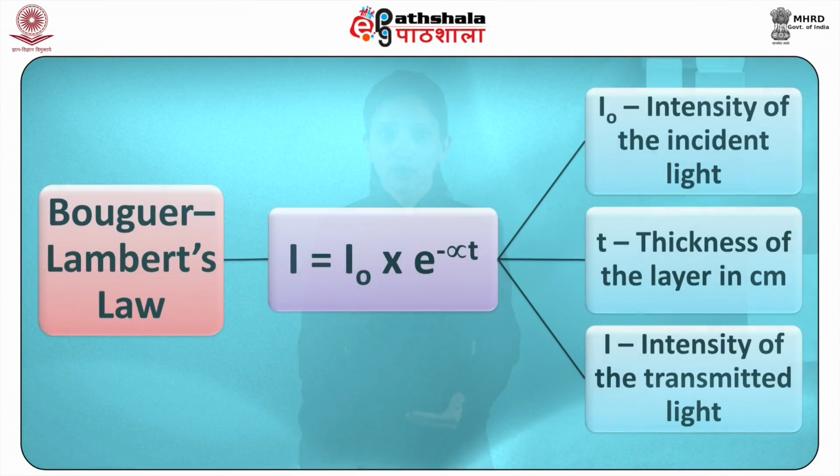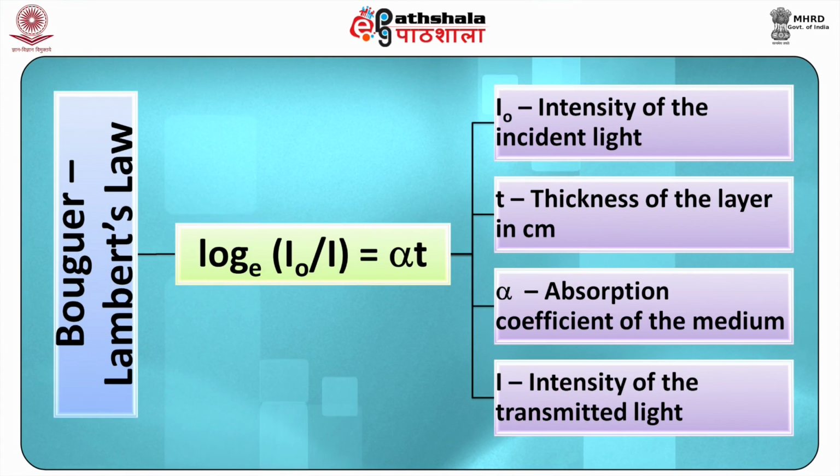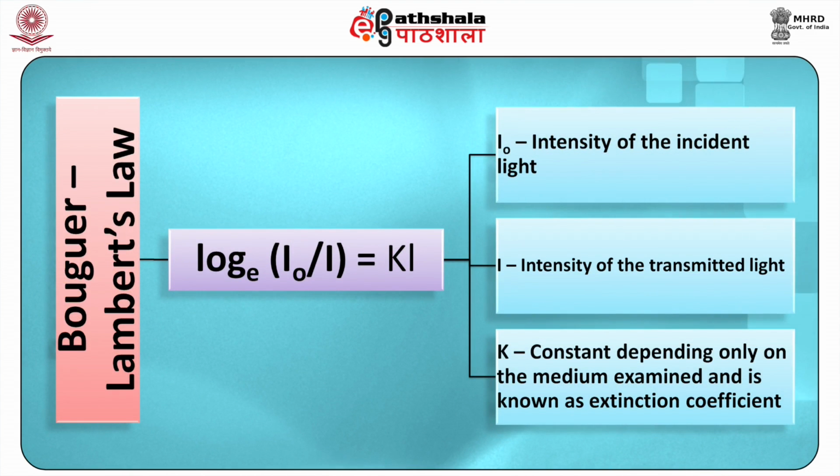This can be expressed mathematically as log of I0 by I equals Kt, where I0 is the intensity of the incident light, I is the intensity of the transmitted light, t is the thickness of the layer in centimeters, alpha is the absorption coefficient of the medium, and K is a constant depending only on the medium examined and is known as the extinction coefficient.